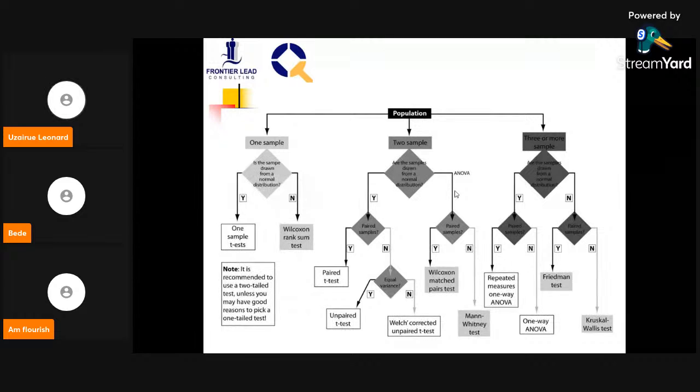The description I gave regarding one sample population yesterday was that you have an established or reference value that you intend to compare the mean of your derived value against. Like I mentioned yesterday, we have a reference value for cholesterol, for example, less than 200 milligram per dL.